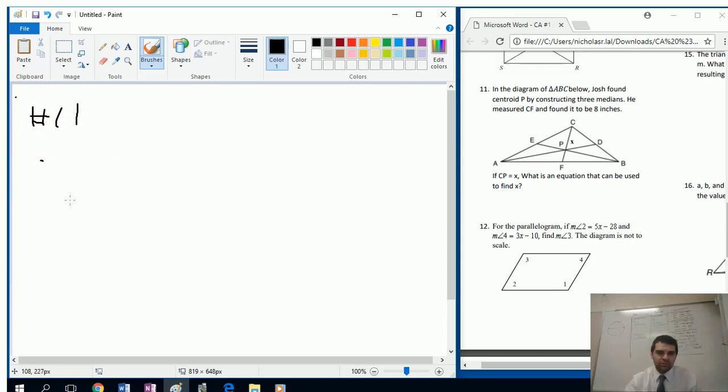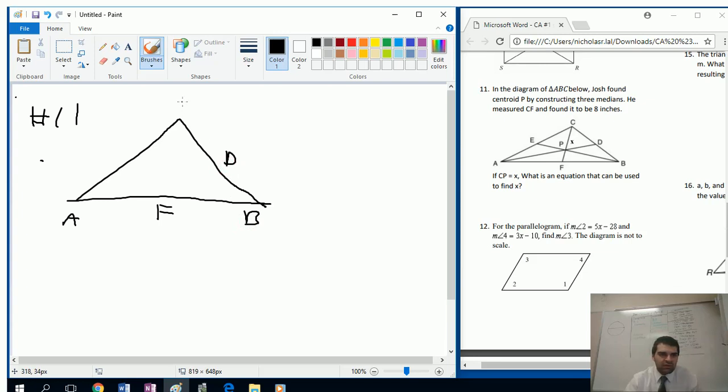Draw our triangle. So A, F, B, D, C, E. We have the centroid here. So we have our three medians.